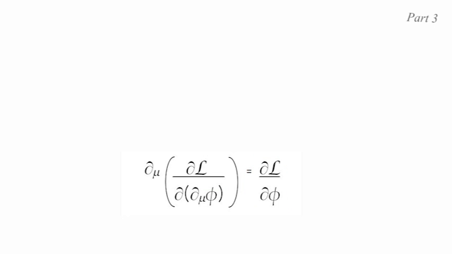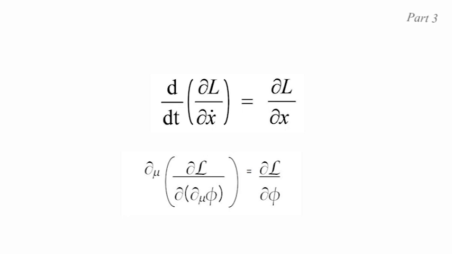Now that might look a lot more complicated, but if you'll just spend a moment and think about it, it just has phi instead of x and 4 x mu's instead of time. You need to spend a moment looking at this to believe that this is not that complicated. In other words, the derivative by time is now a derivative by time, x, y, and z.